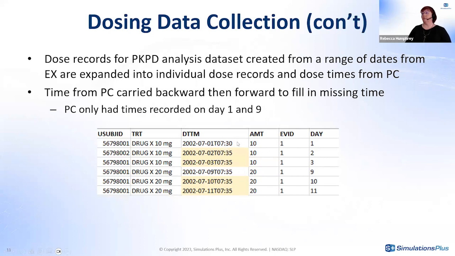So you would create an individual dose record on day 1, 2, and 3 for your analysis data set, and then on day 9, 10, and 11 to correlate with that window. And then the times from PC would be merged by date. For the records that did not have a time recorded, the time available on day 9 would be carried backwards and then forward.